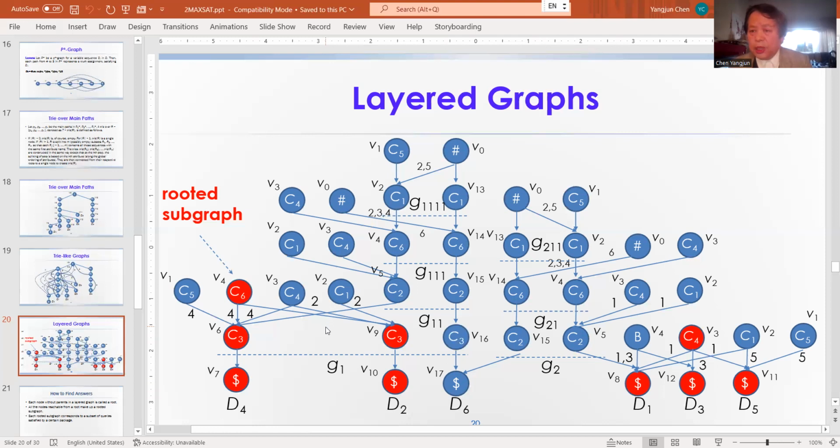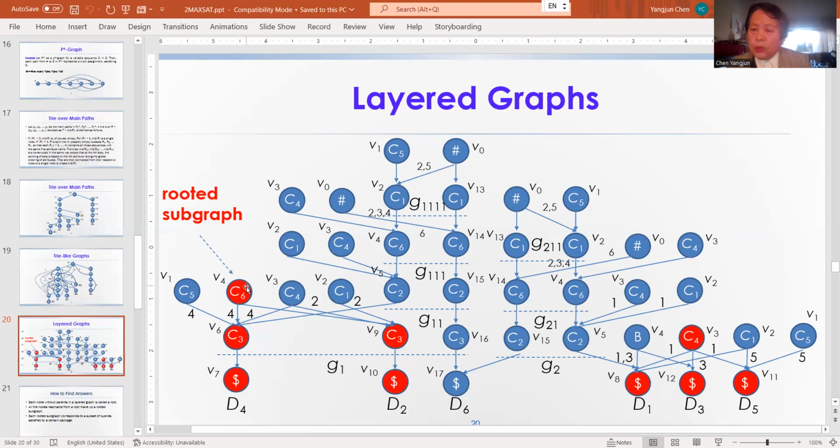This layered representation of the graph is quite useful because by using this graph, the solution to our problem can be found very efficiently. For this purpose, we'll recognize all those nodes which do not have a parent.